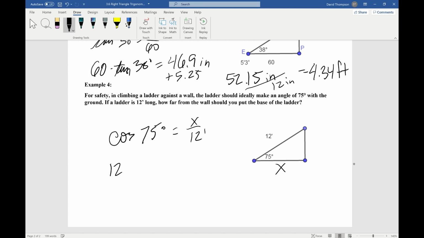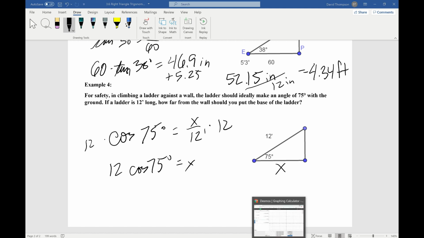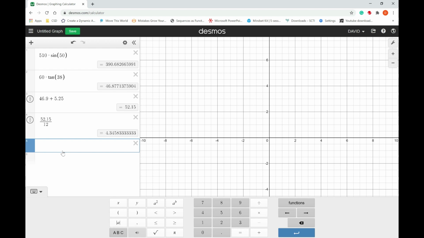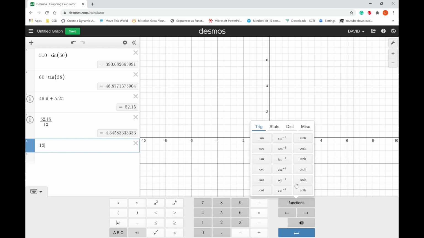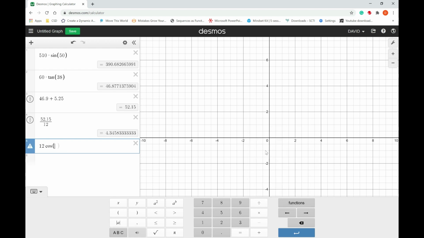We multiply both sides by 12, so 12 cosine of 75 equals x. Once we solve, 12 times cosine 75, we should be at least 3.1 feet from the wall.